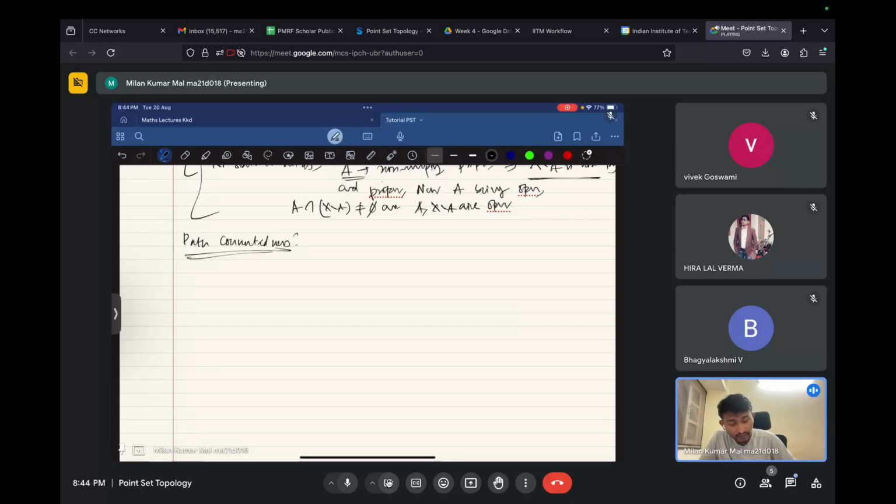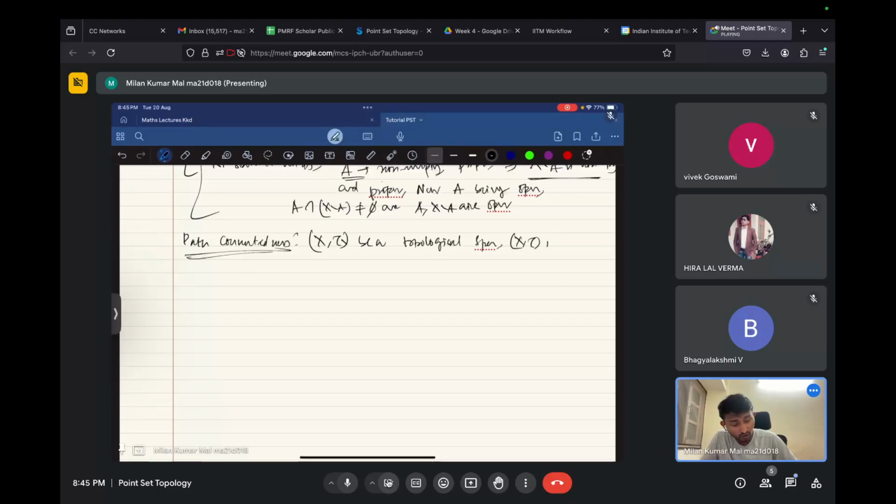What path connected says: let X tau be a topological space.